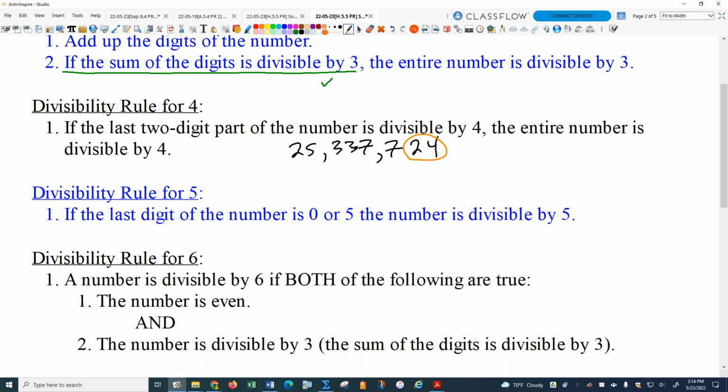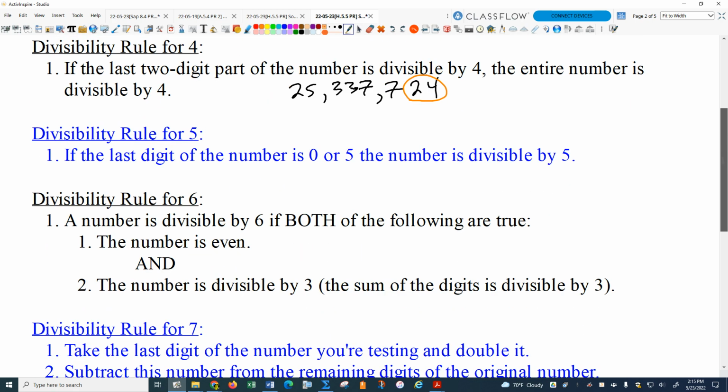Why does that work? Because 4 divides evenly into 100. And so really what do I have here? I just have a whole bunch of hundreds plus 24, right? So again, the divisibility rule for 4 is to only look at the last 2 numbers and ask, are those 2 divisible by 4? 5, you know, that's an easy one.